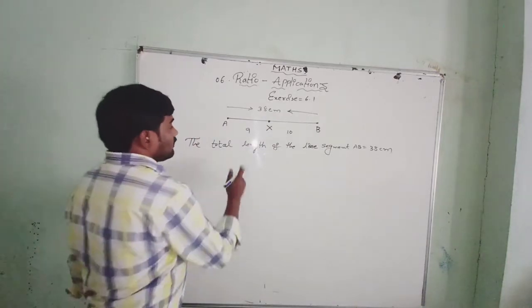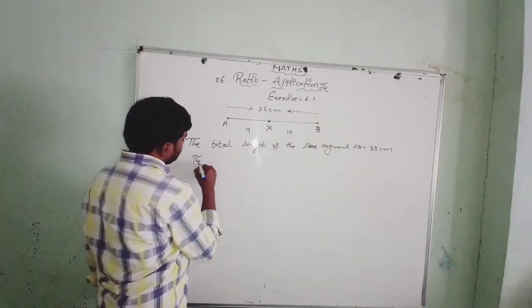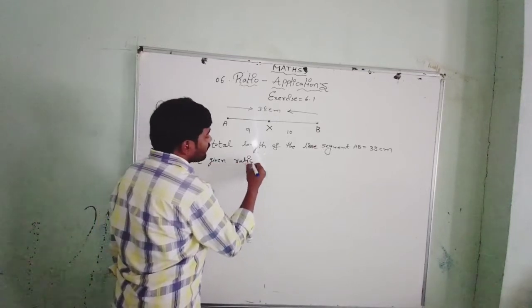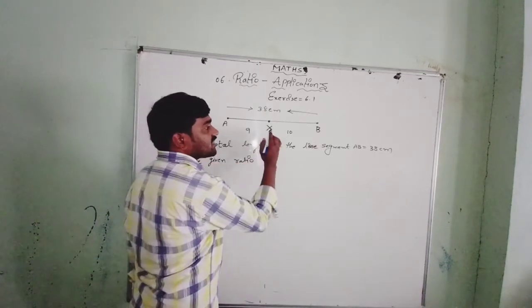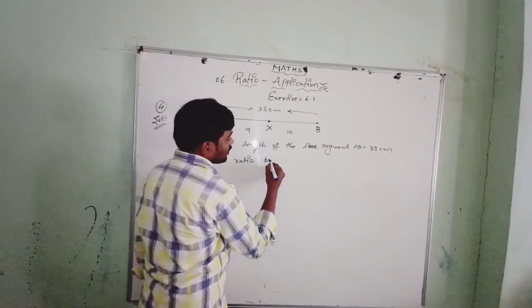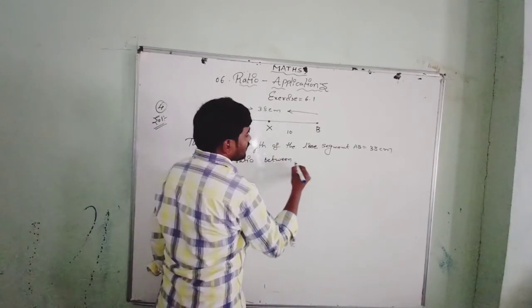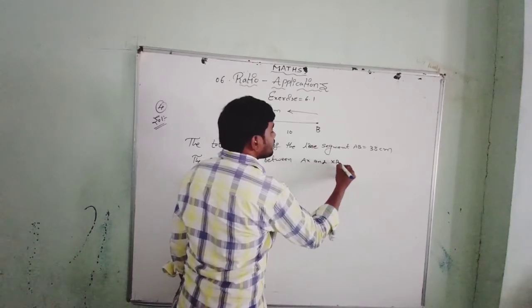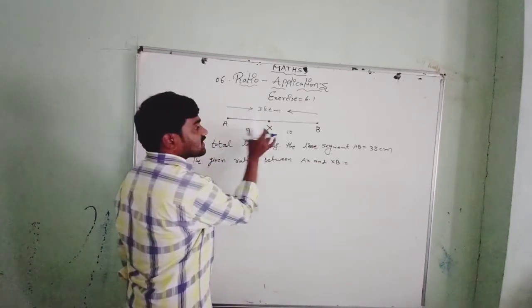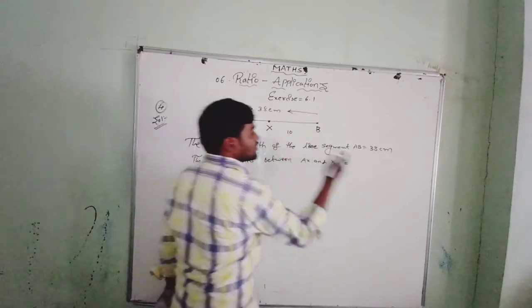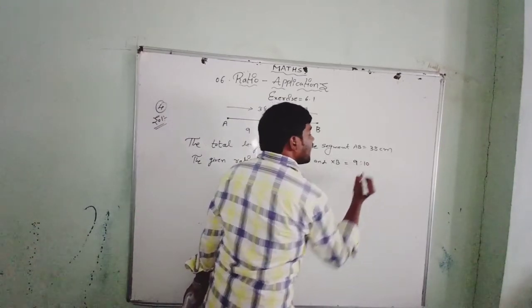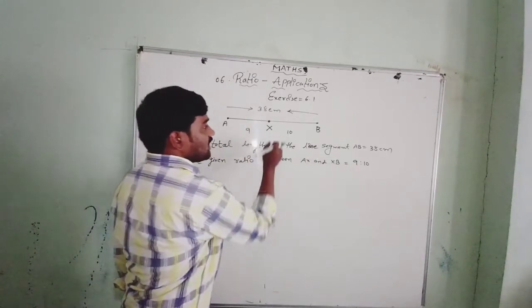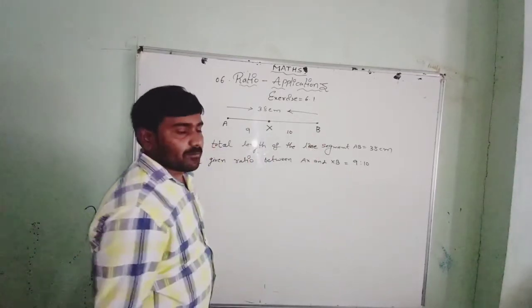Then the given ratio between AX and XB, that means A to X and X to B, is 9:10. That means A to X is 9 parts and X to B is 10 parts.